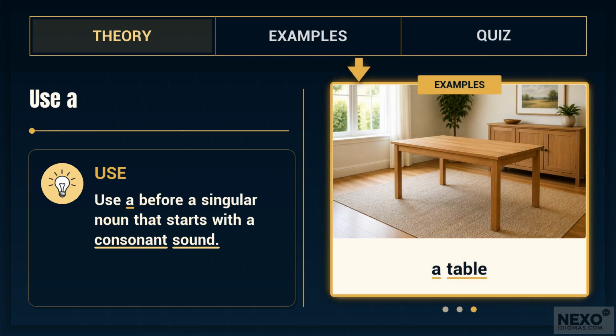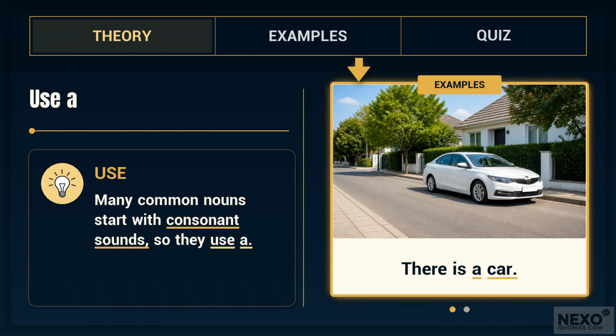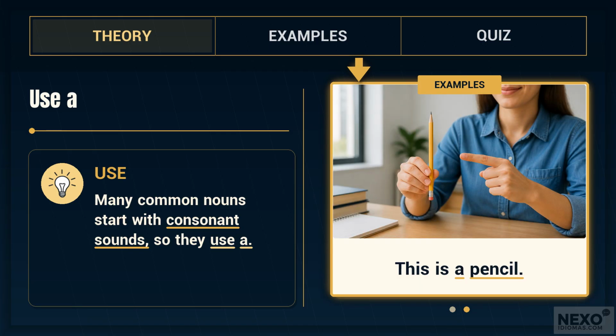Example. A table. Many common nouns start with consonant sounds, so they use a. Example. There is a car. Example. This is a pencil.